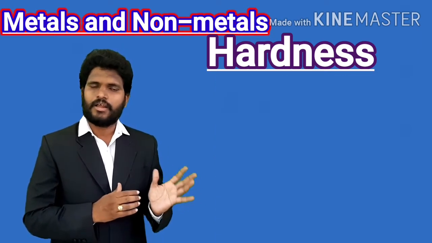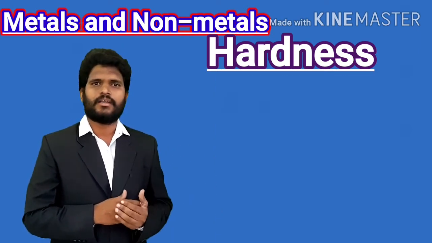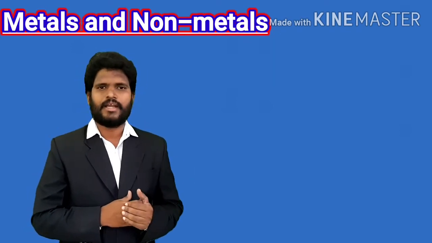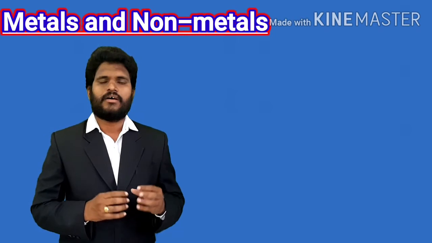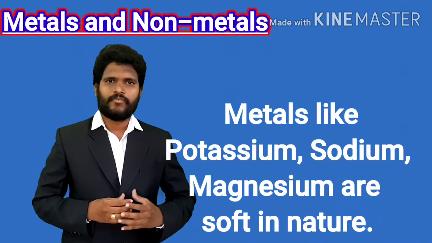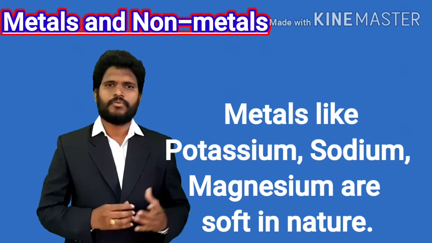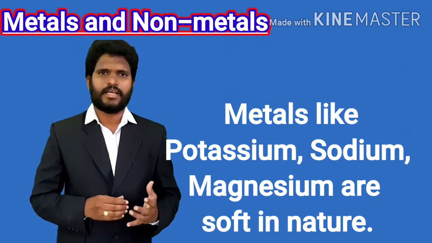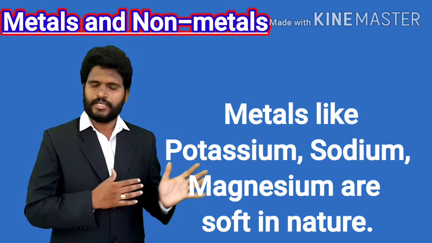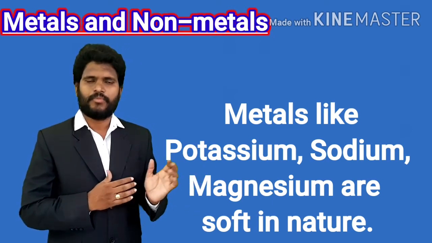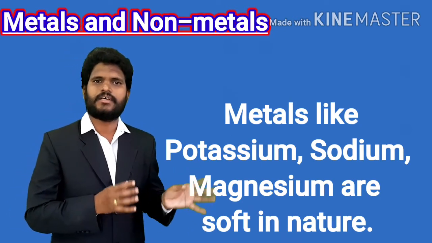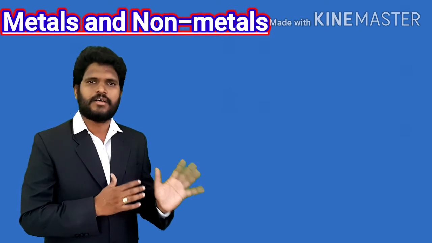Along with this, many metals are very hard in nature. But some metals are very soft in nature, for example sodium, potassium, magnesium, etc. These are also metals, but they are soft in nature.